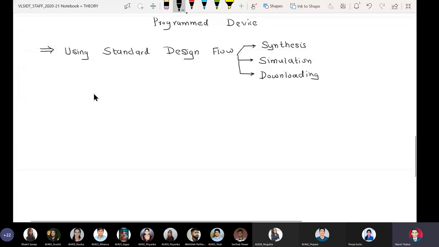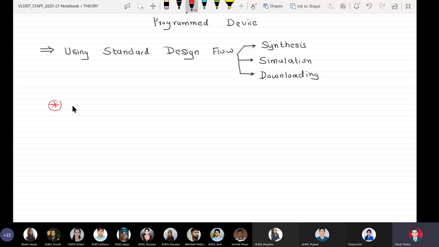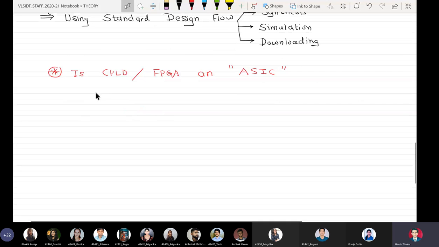Okay, the question is, is a CPLD or FPGA an ASIC? So all of you know what is an ASIC. ASIC is an application specific integrated circuit.